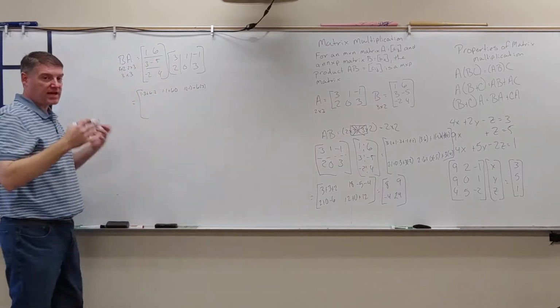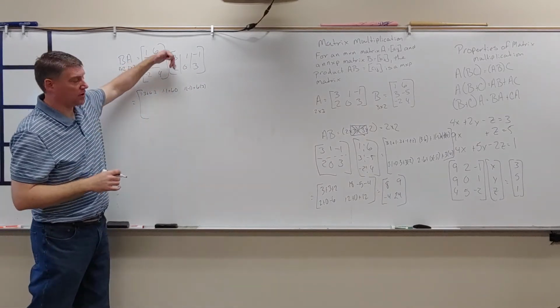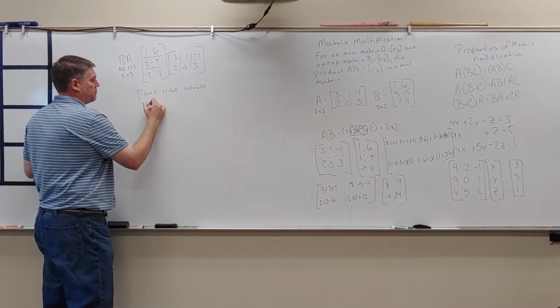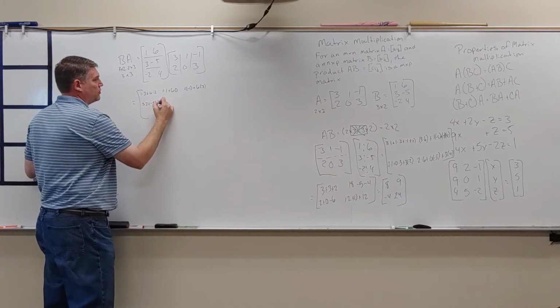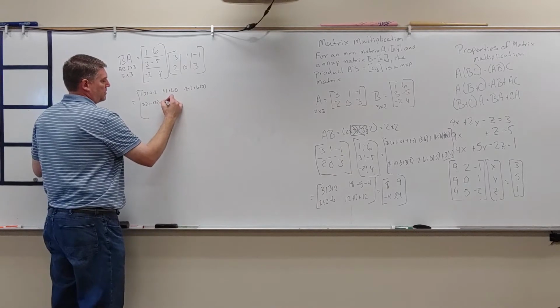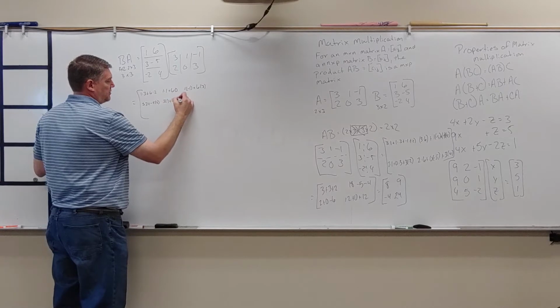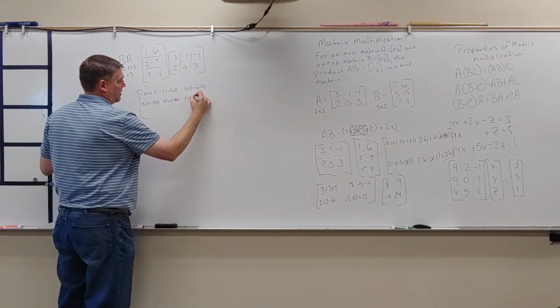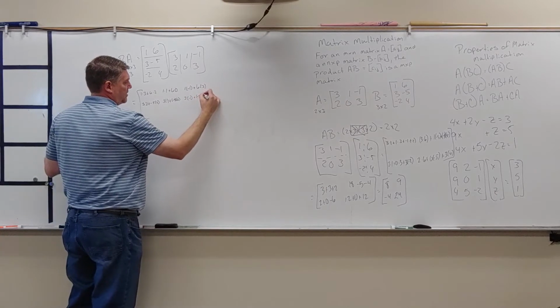Now I use my second row, and I'm going to multiply everything, every single column. 3 times 3 plus negative 5 times 2. 3 times 1 plus negative 5 times 0. 3 times negative 1 plus negative 5 times 3.